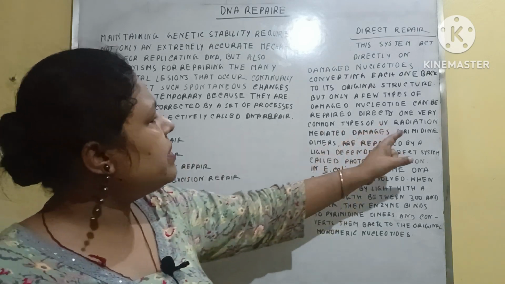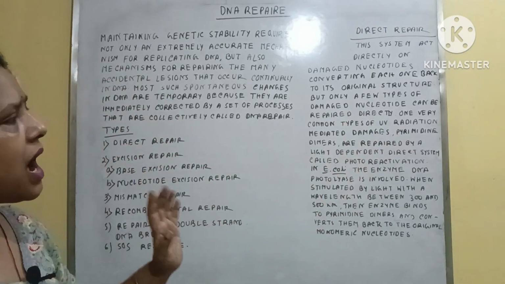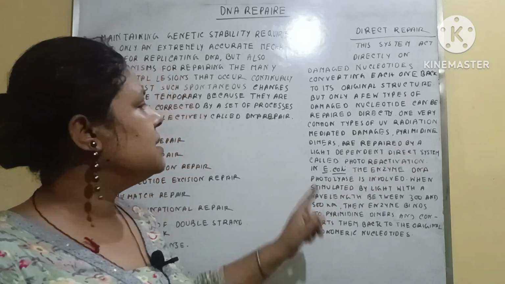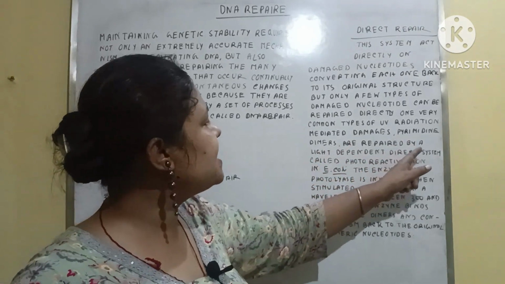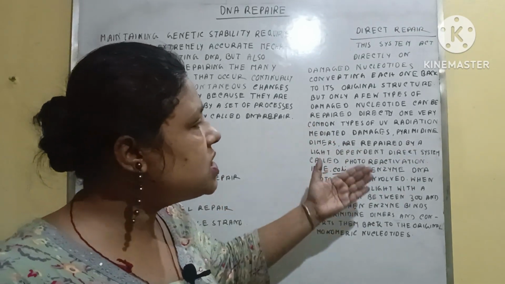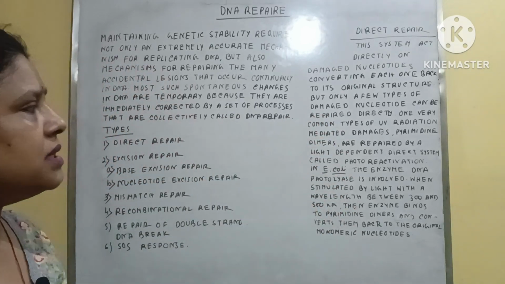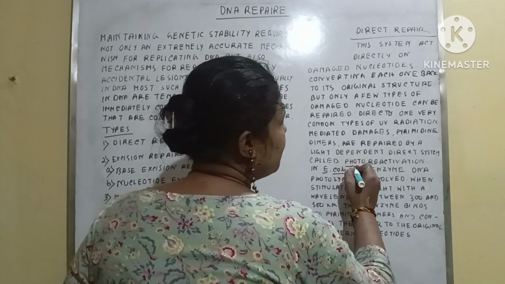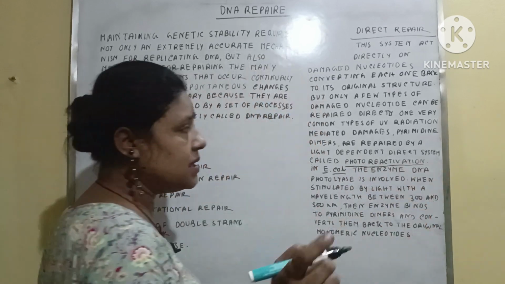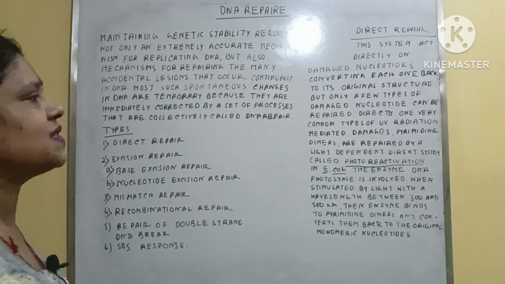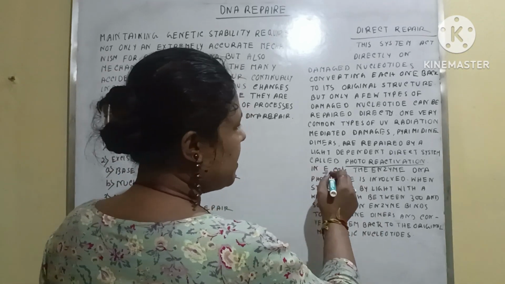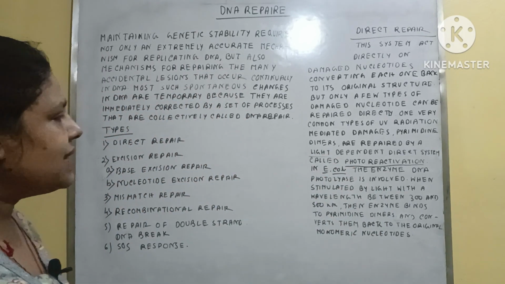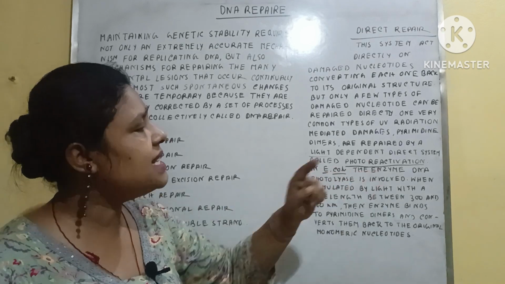These pyrimidine dimers are damaged and repaired by a light dependent direct system, and this process is called photoreactivation. Why is it called photoreactivation? The factor needed for the repairing process is light, and that's why it is called photoreactivation. Another important thing is the enzyme.